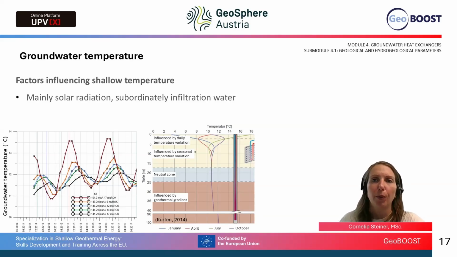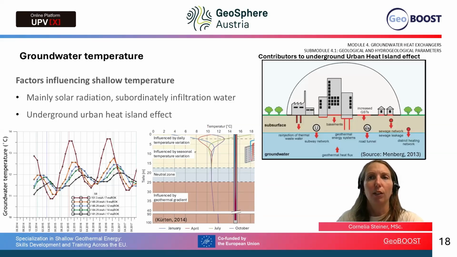From this depth, an annual mean temperature prevails, and this is very dependent on the atmospheric annual mean temperature. Below the neutral zone, the temperature is influenced by the geothermal gradient. Here, the temperature increases accordingly to the geothermal heat flux.